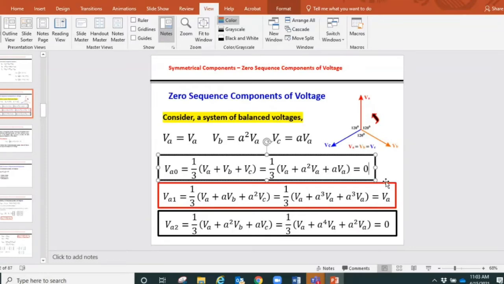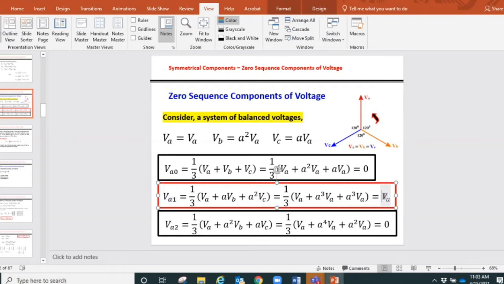So if we have a balanced set of voltages, there will be no zero sequence voltage. Similarly, we can come to the equation of VA1 and replace VA, VB, VC in terms of the complex number operator a and the reference phasor voltage VA.